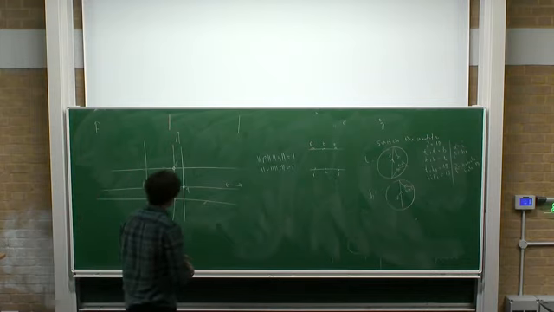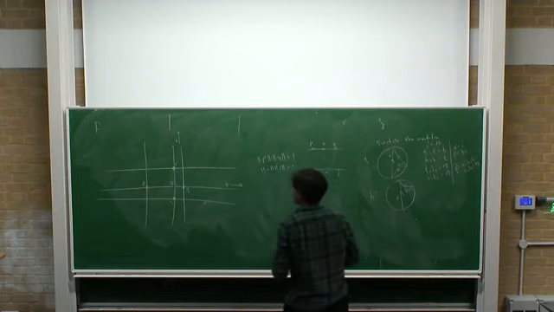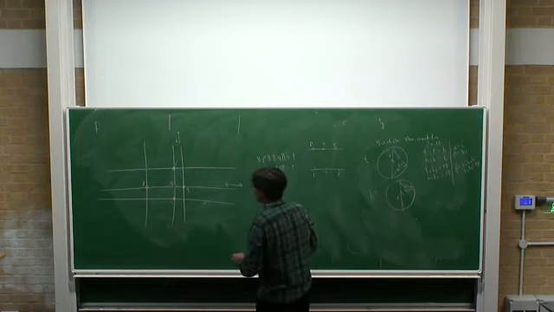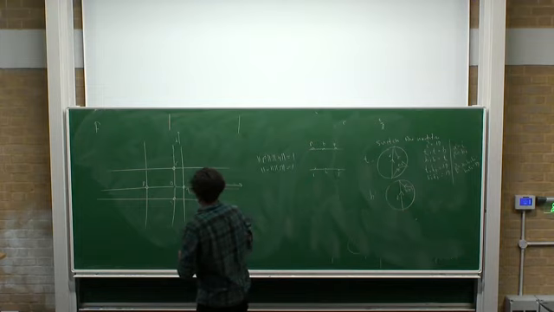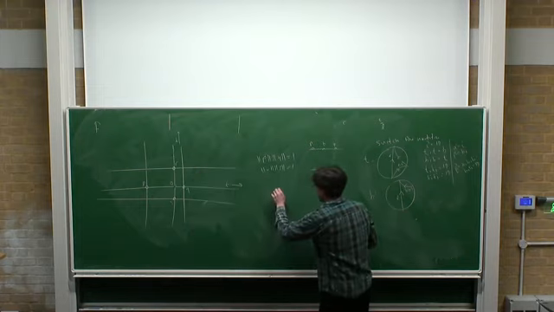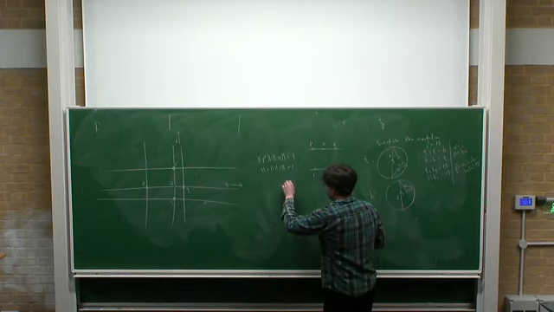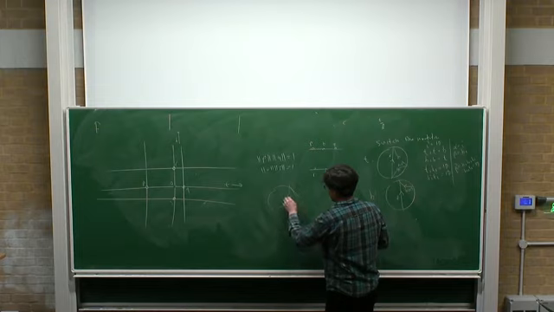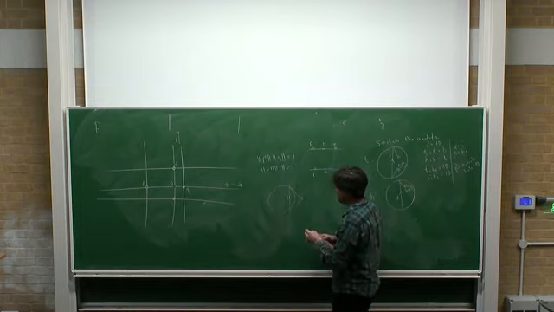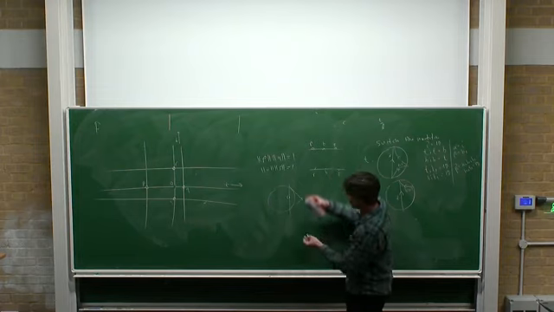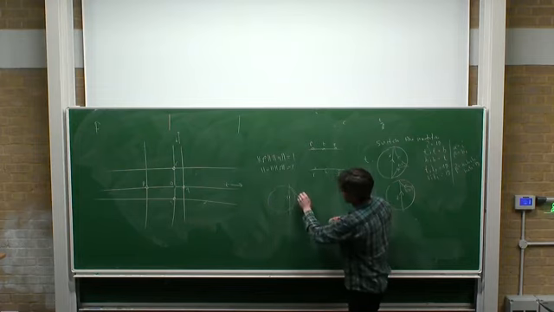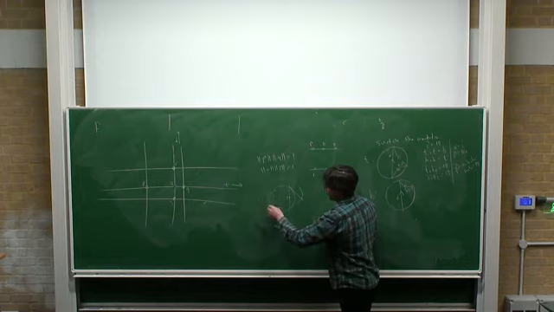If this is the point P and I do this, what's the standard inner product? If I go to this point and then I rotate over to here.